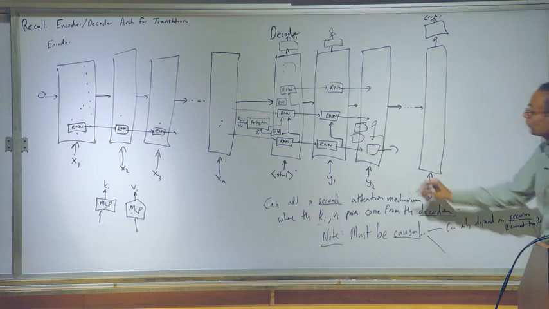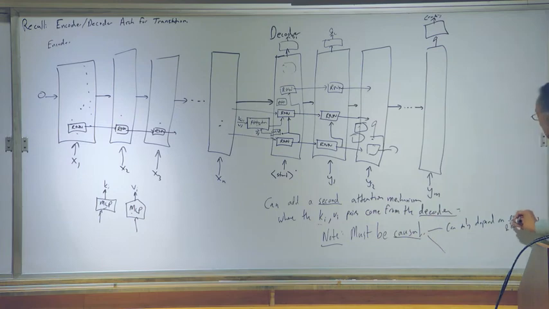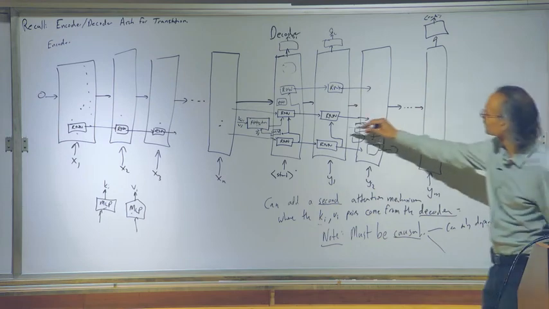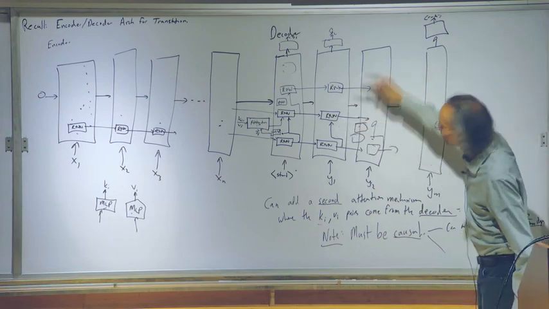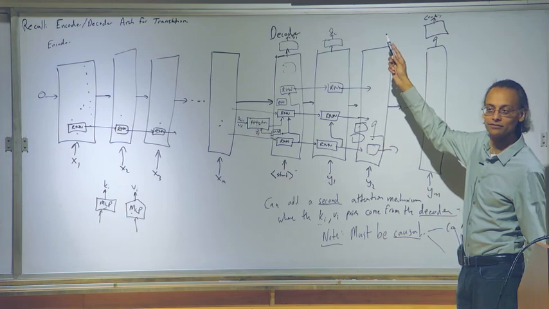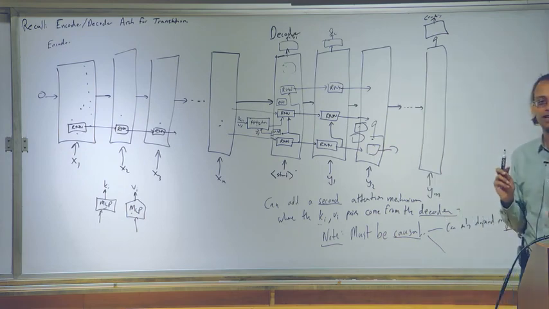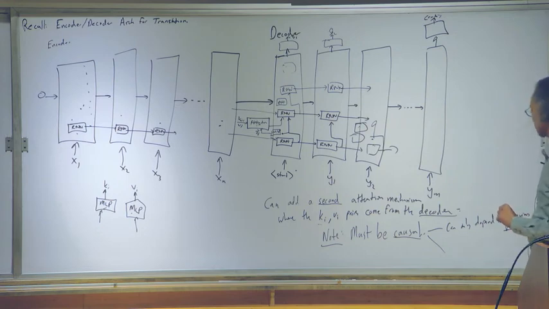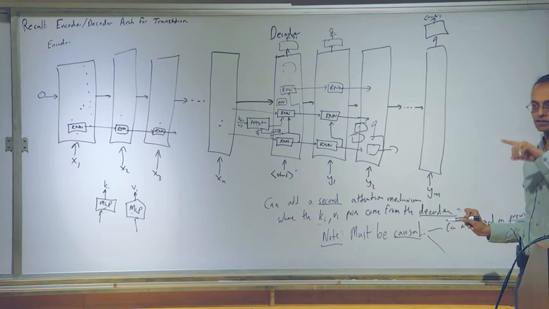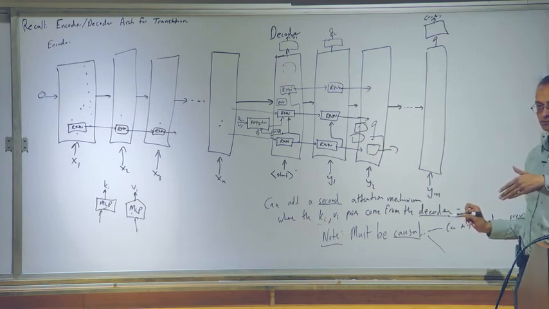But once you've decided that you're going to potentially include current time steps, you can't depend on layers that are above you. Do you see that? Once you've decided that you also want to include the current time step, then you have to only depend on layers that are at your level or below.